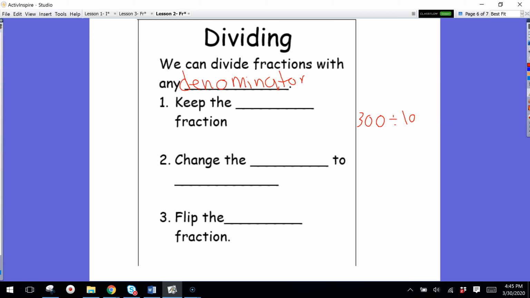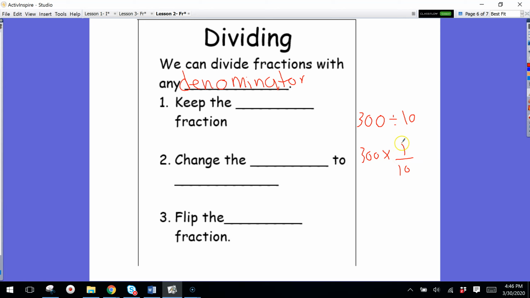Again, this is an easier problem, which I'm sure you can do. Well, this is the same thing as saying 300 times 1 over 10, right? It goes in 30 times, and 30 times 1 is 30. And so 300 divided by 10, same idea. It's the same exact problem.